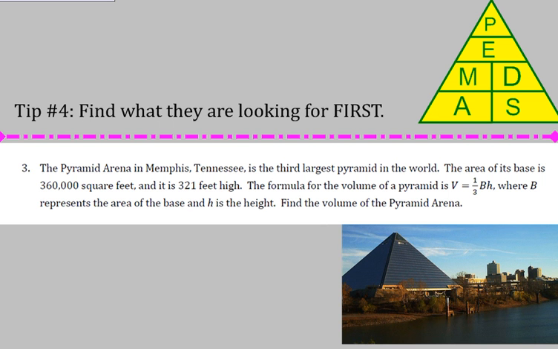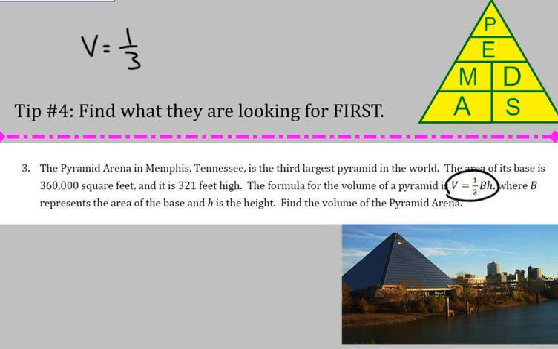All right, so here's what you're looking at. You might remember, this might look somewhat familiar to you if you remember your geometry. So you've got 1/3 the base times the height. And the area of the base is 360,000 square feet, and the entire thing is 321 feet high. So now we got to set up some sort of equation for what we're looking for. All right, so you've got the volume.